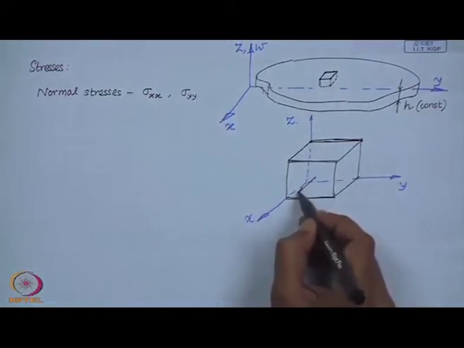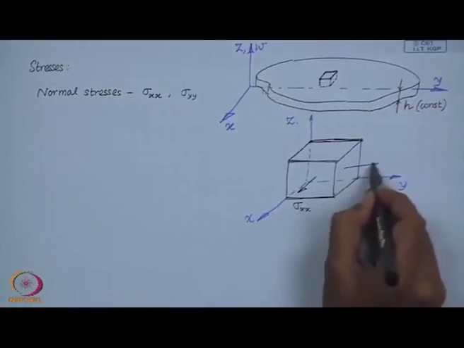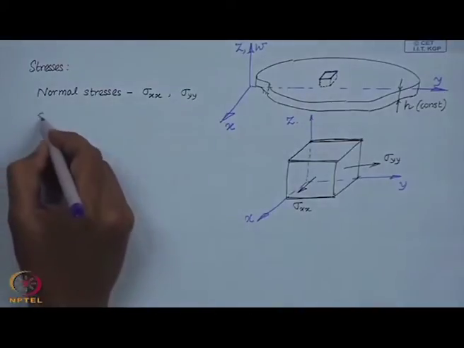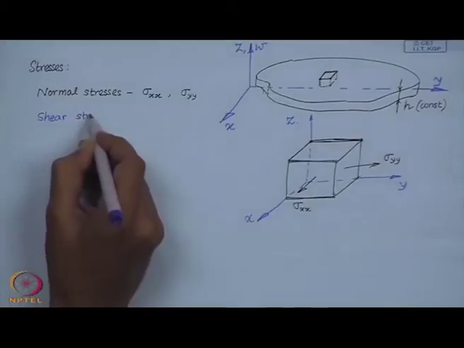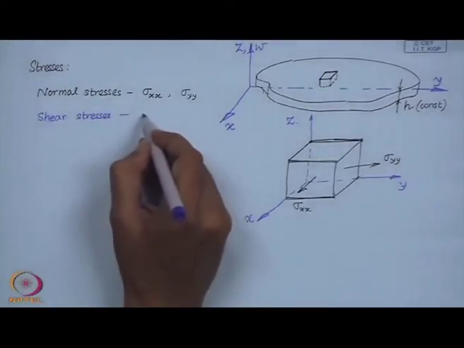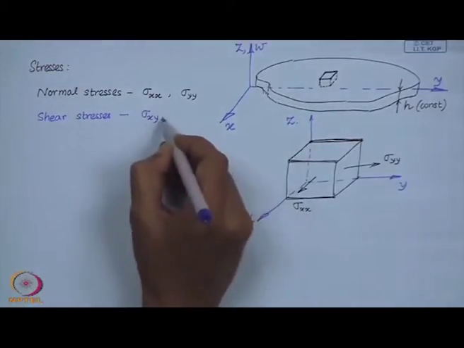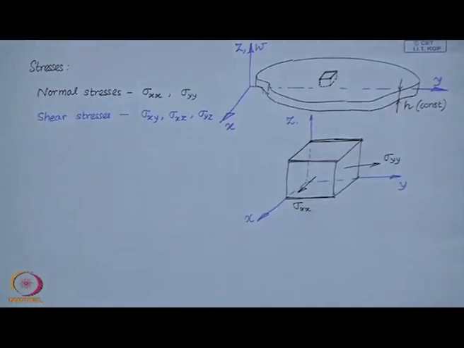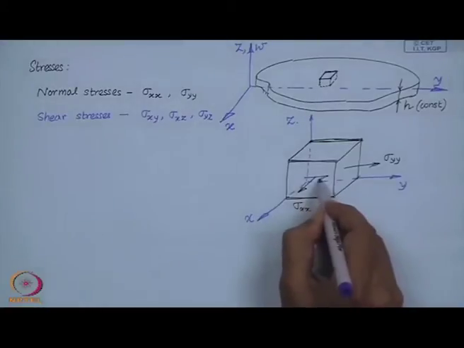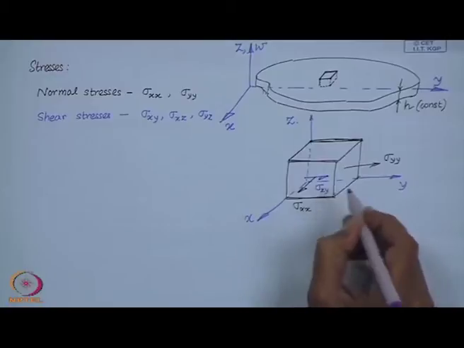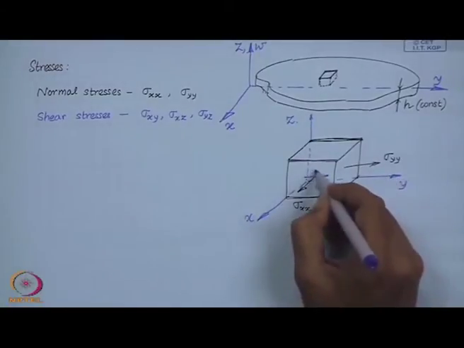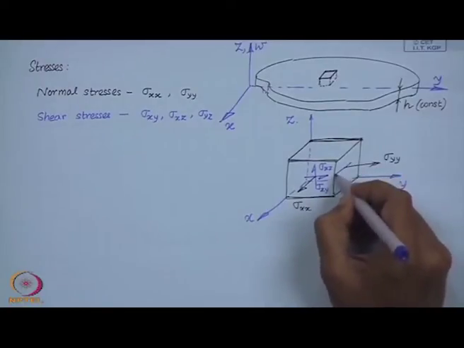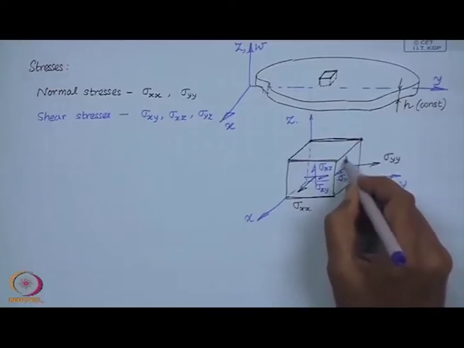So we have stresses sigma x x, sigma y y, these are normal stresses, and we have shear stresses, sigma x y, sigma x z and sigma y z.